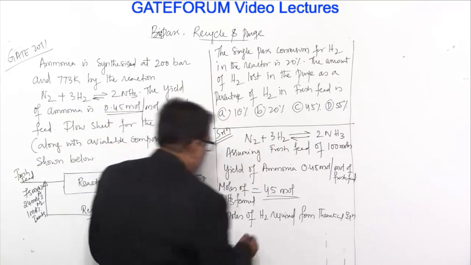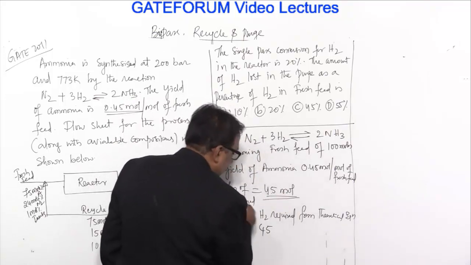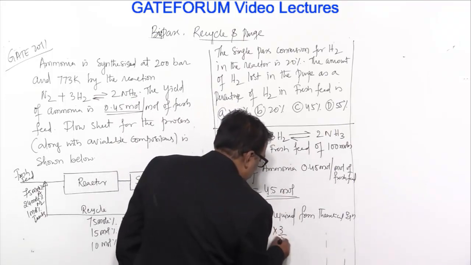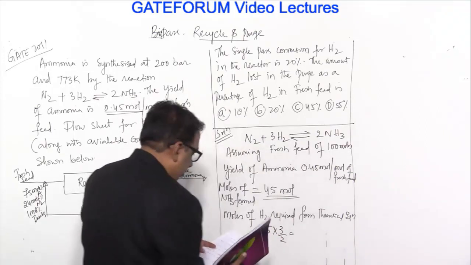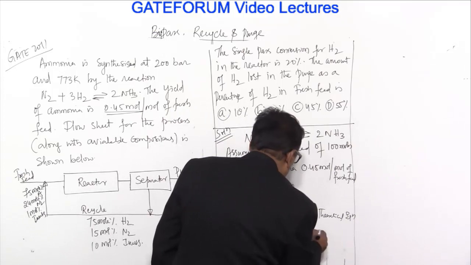So it is 45 into 3 by 2, which is 67.5 moles.